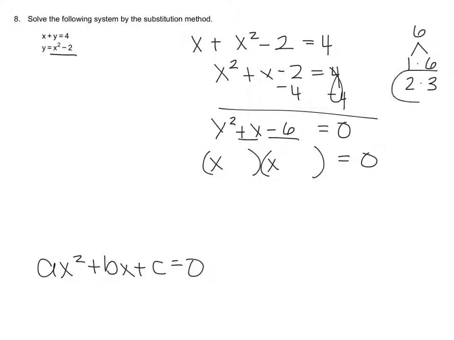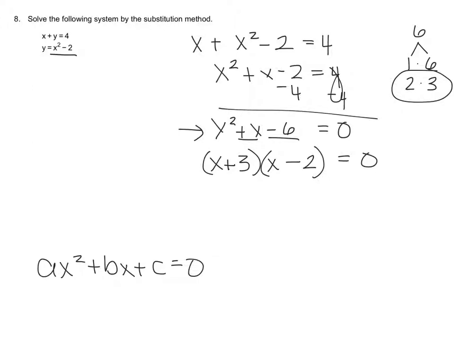So if I choose the 2 and the 3, I can have a positive 3 and a minus 2, and that will give me the positive 1 as my middle term. And you can check this out by FOILing or multiplying the two binomials together to make sure that you get the original quadratic.